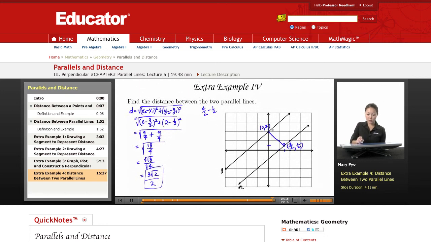So it's 0 minus 3 over 2 squared plus 2 minus 1/2 squared. And then that way you get 3 over 2 squared is 9 over 4. Then this, which is 3 over 2, squared is 9 over 4 again, root 18 over root 4. And then that simplifies to 3 root 2 over 2.